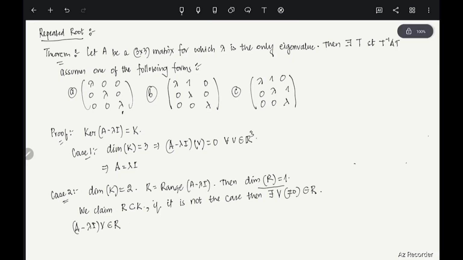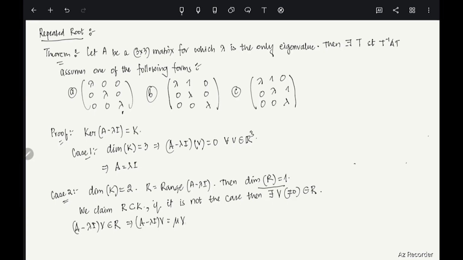You see, the dimension of R is 1. So that will imply A minus lambda I times V will look like some mu times V, right? See, V is not the zero element in R. And since the dimension of R is 1, we can think of the basis of R to be just containing V, because V is non-zero.